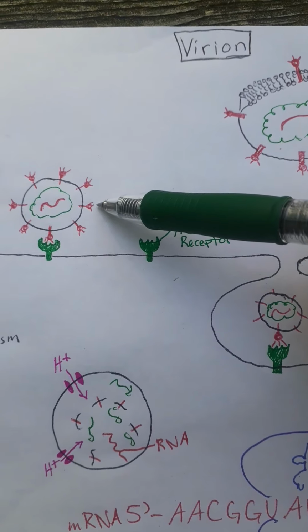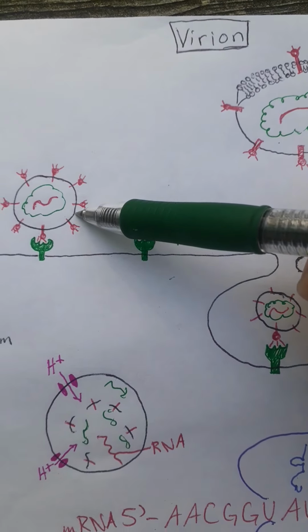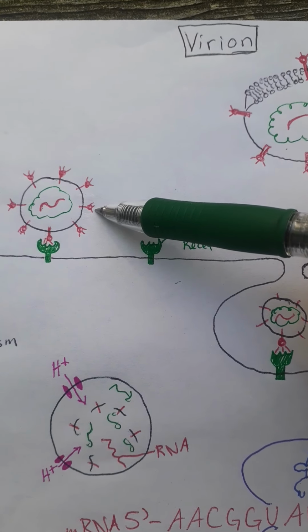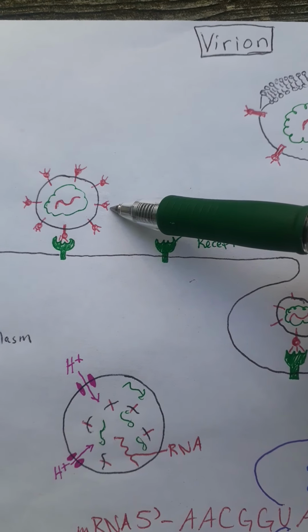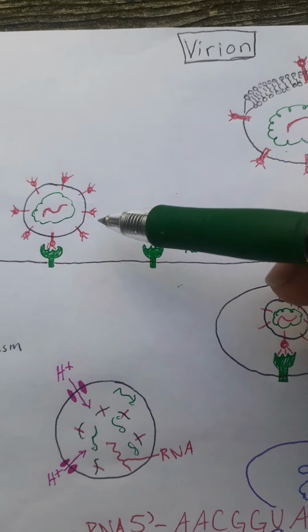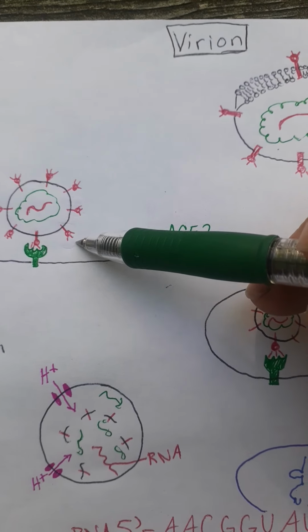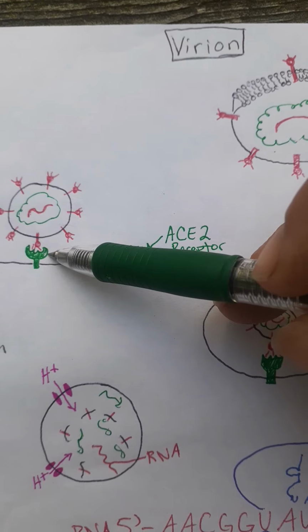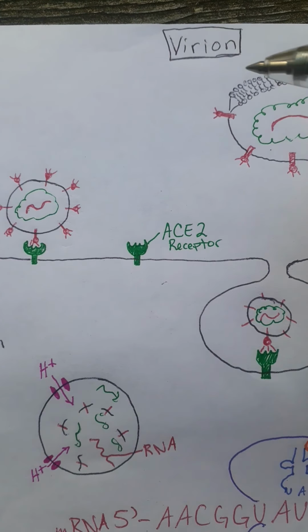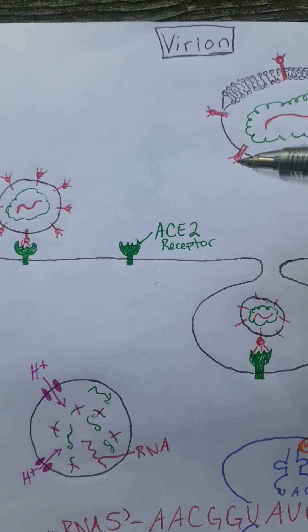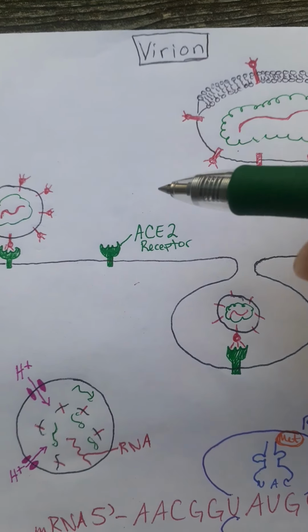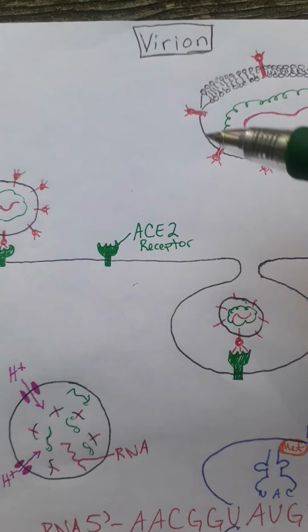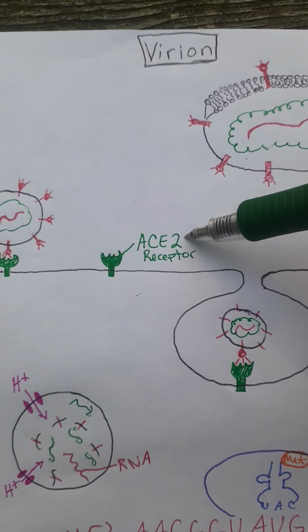The receptors, the proteins embedded within the membrane of, in this example, the COVID-19 virion, have a complementary shape that matches a type of receptors that's already in a lot of our cells, particularly the cells that line our respiratory passages. And this receptor is called an ACE2 receptor.